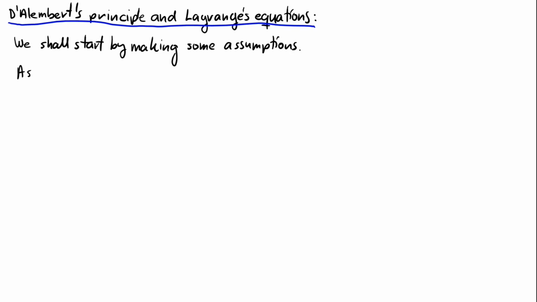The assumptions we will make are very straightforward. The first assumption is that we shall consider a system with one or more particles. Of course, the general case can be applied to a single particle.